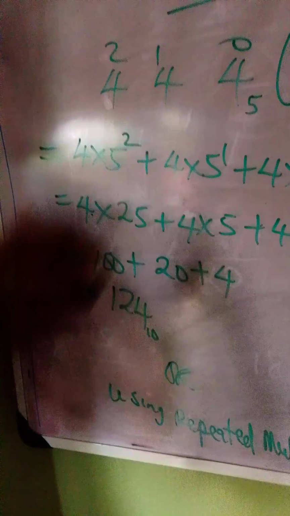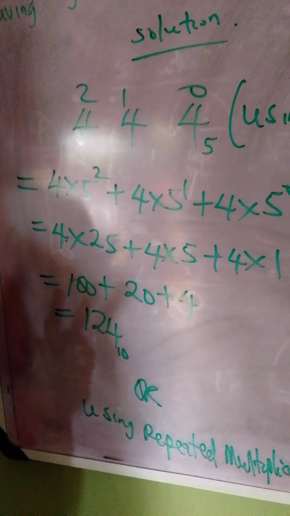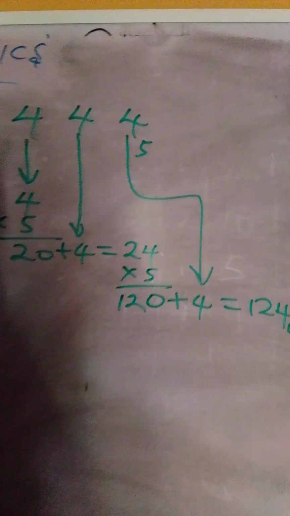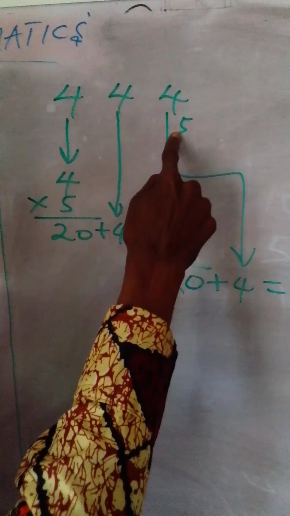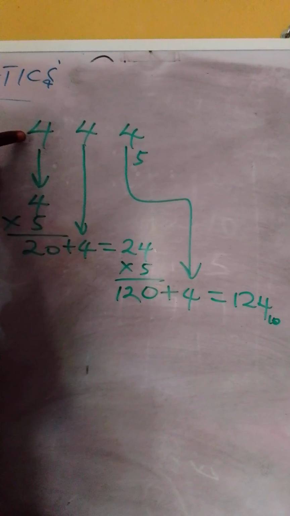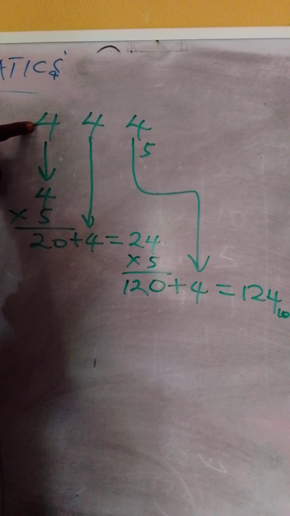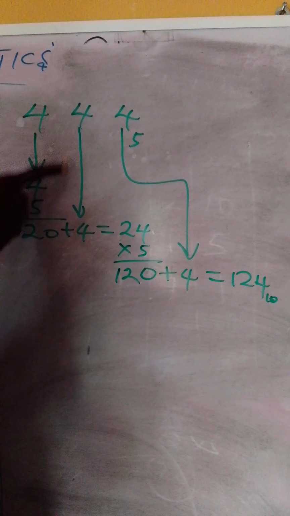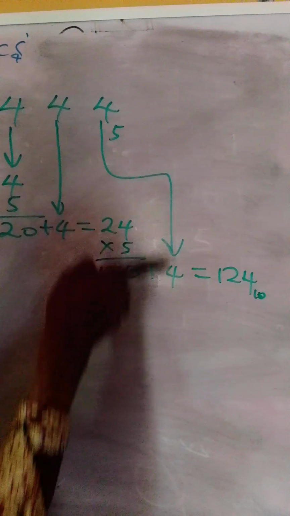So you can tell me which of these two methods is the simplest. All right, let me explain this second method. Only the first digit multiplies the base. The rest are being added respectively. You see that I only multiply the first digit, which is 4, by the base. Then the second digit is added. The third digit is also added.